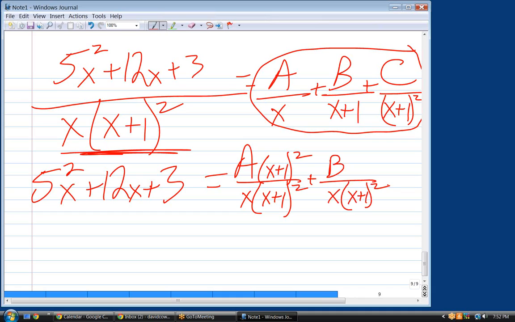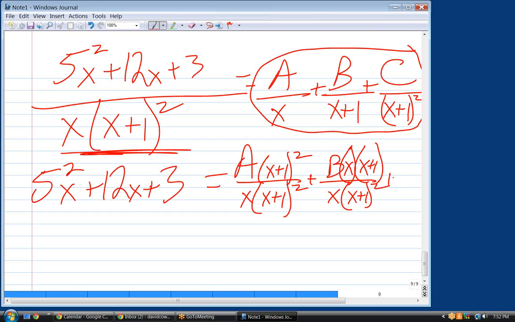X plus 1. Well, we have to multiply it by x, and we have to multiply it by an x plus 1. Remember, the whole goal is to not change that fraction. And if you reduce this, you will see it's b over x plus 1. Okay?